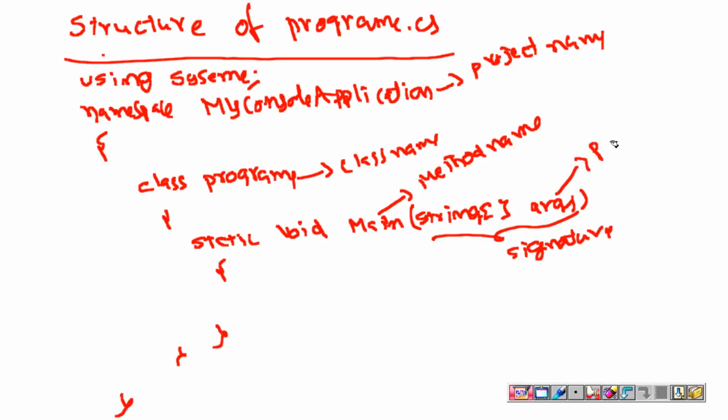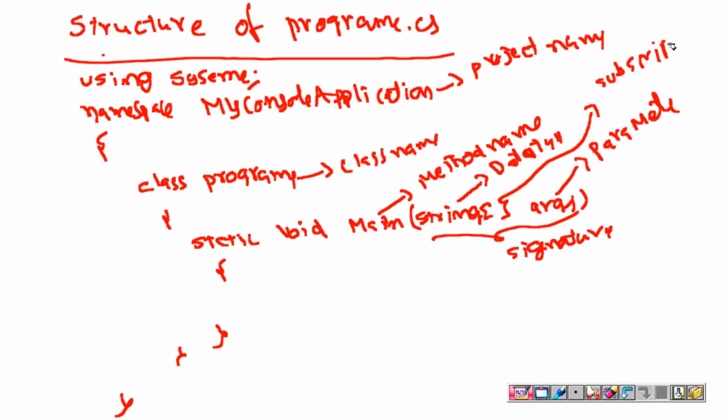And args is the parameter. String is the data type. And this is the subscription operator. One operator, that operator name is not plus, not minus. Subscription operator, which represents arrays, we will come to that later. And this is which block?